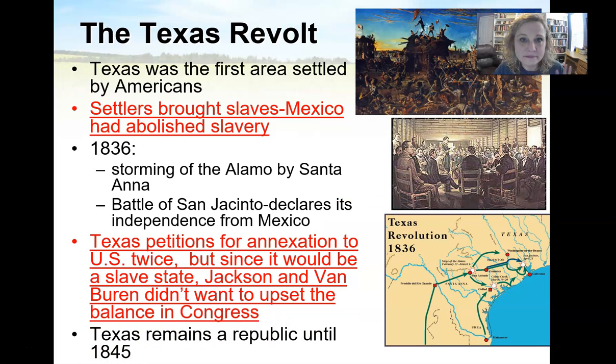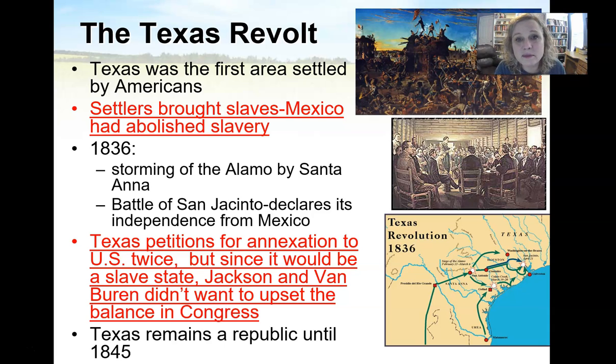Also going on during this time period was Texas, right? So in 1836, we can dust off those cobwebs from remembering our Texas history from 7th grade. Essentially, what happened was that Mexico, after getting its own independence in 1821, needed to fill some of the areas that were less populated. One of those areas was Texas.